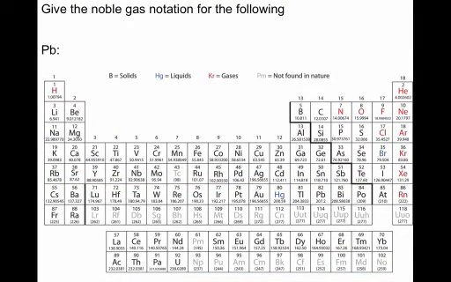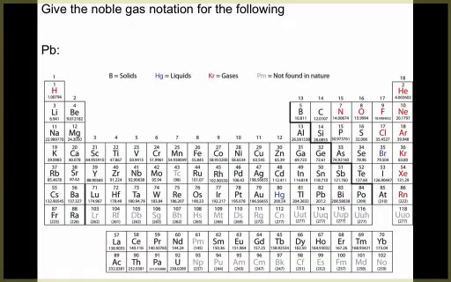Okay, last example shows what happens when you have to go through the F block. Okay, so this one, we're looking at lead. Okay, so lead's noble gas is xenon. So there's xenon. Okay, then after we get to xenon, we're in row 6, so 6s2.